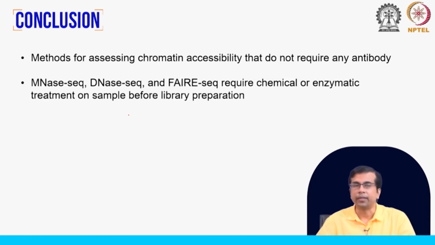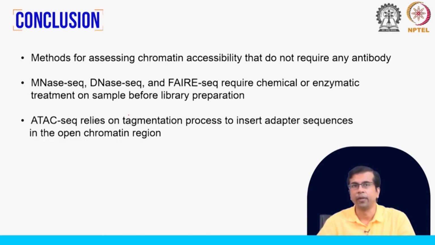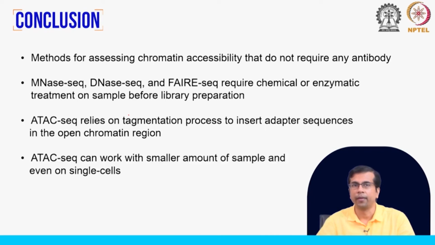We have discussed MNase-seq, DNase-seq and FAIRE-seq. They require chemical or enzymatic treatment before library preparation. ATAC-seq relies on the tagmentation process, which is tagging plus fragmentation. This enables insertion of adapter sequences directly into the DNA, and this happens preferentially in the open chromatin region, because the closed chromatin region is not accessible to the transposase enzyme.